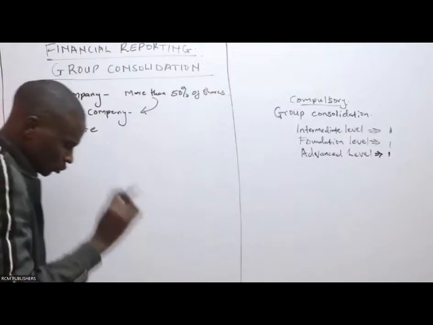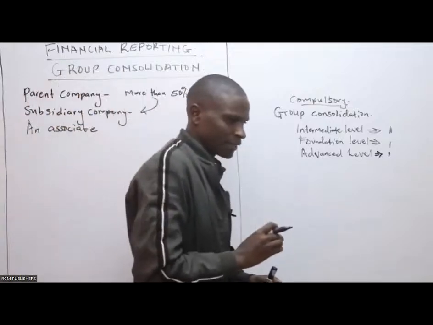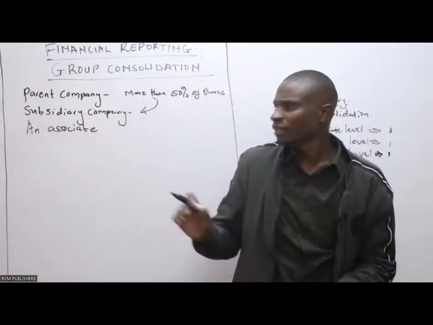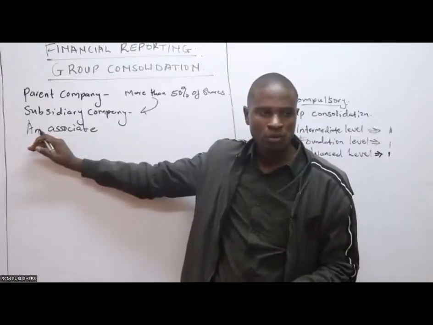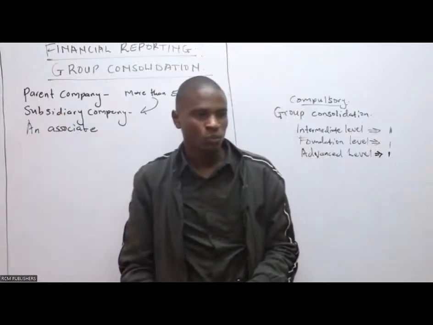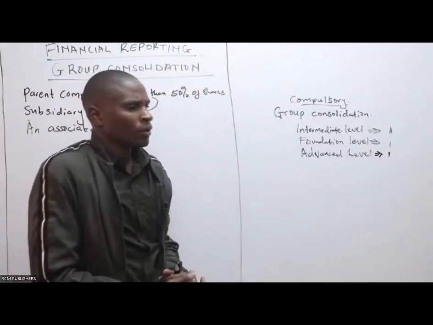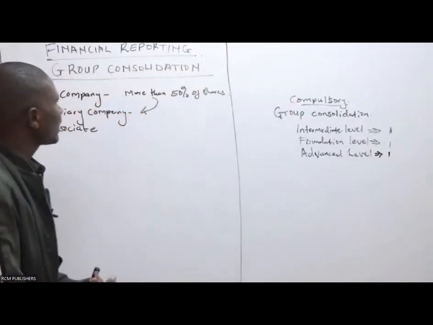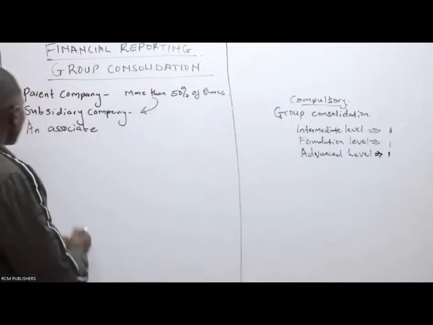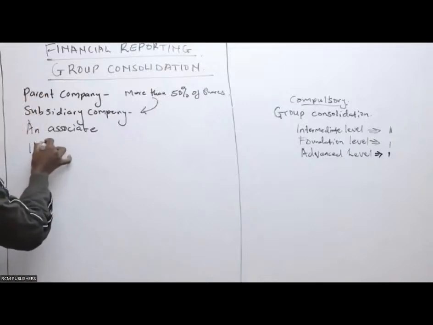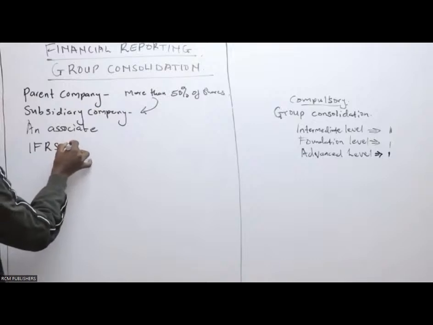I don't want to move ahead. I don't want to go far. I just want us to concentrate on the three. Group consolidation is guided by the standard IFRS 3.